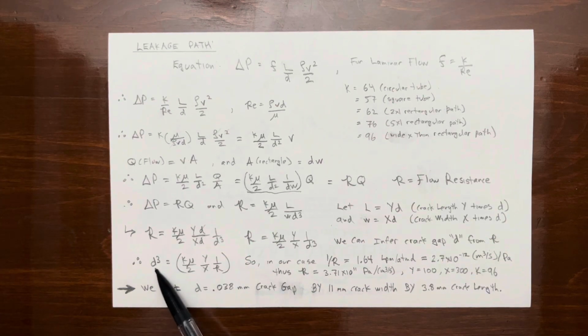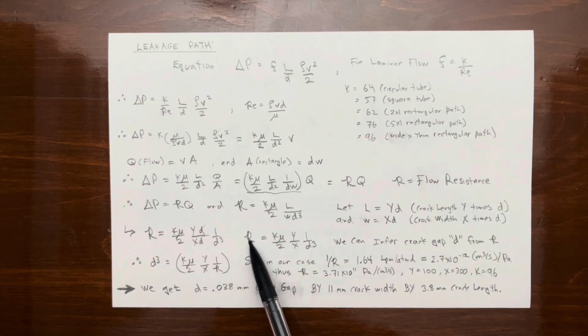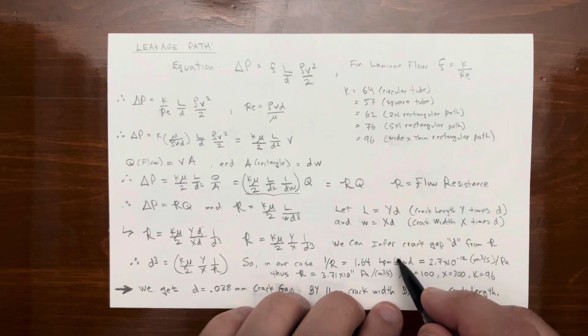So we've got the d cubed is going to equal this when I rearrange d cubed versus the resistance. In our case, the inverse of resistance is the 1.64 liters per minute per 100 atmospheres.